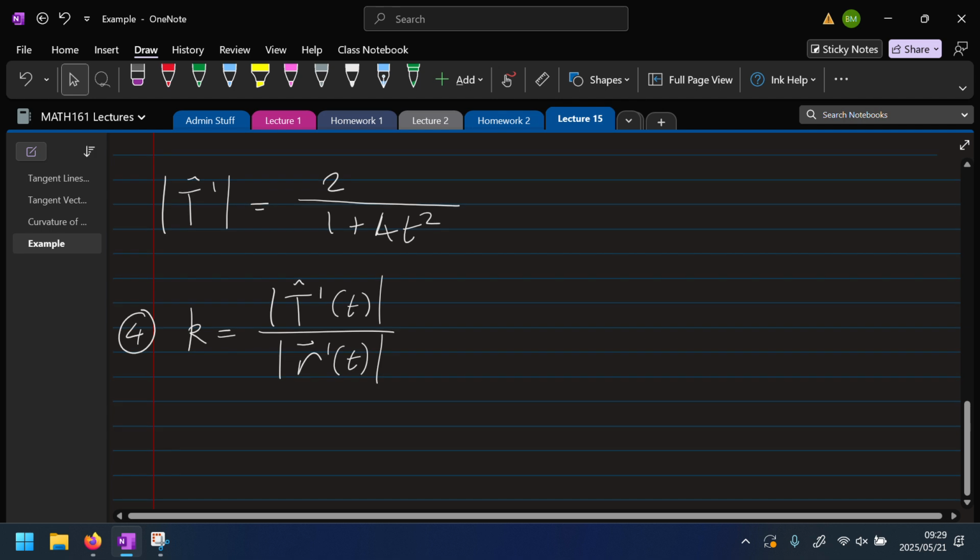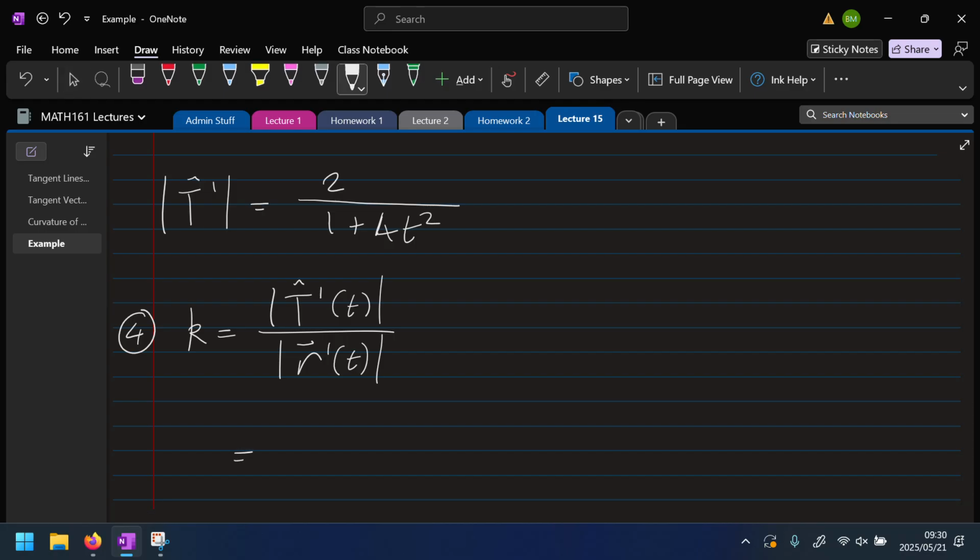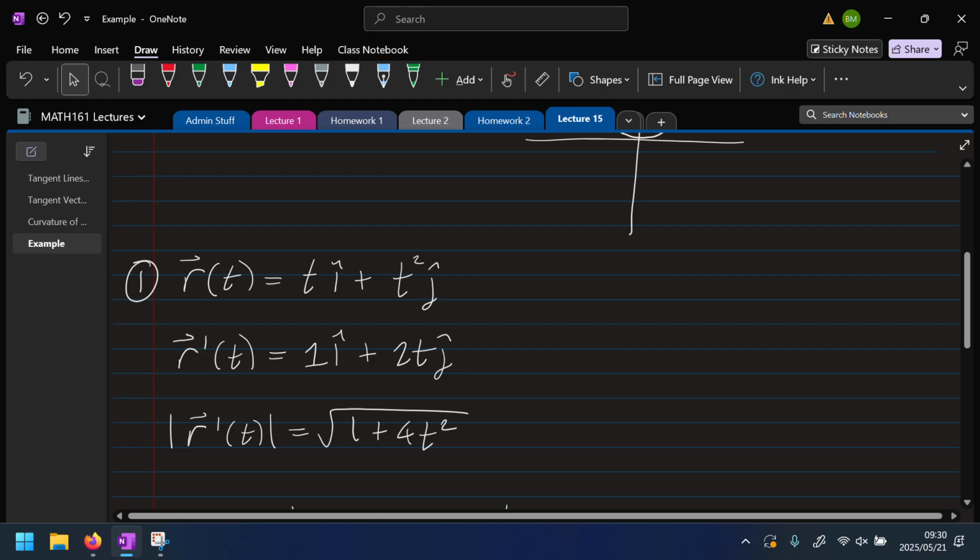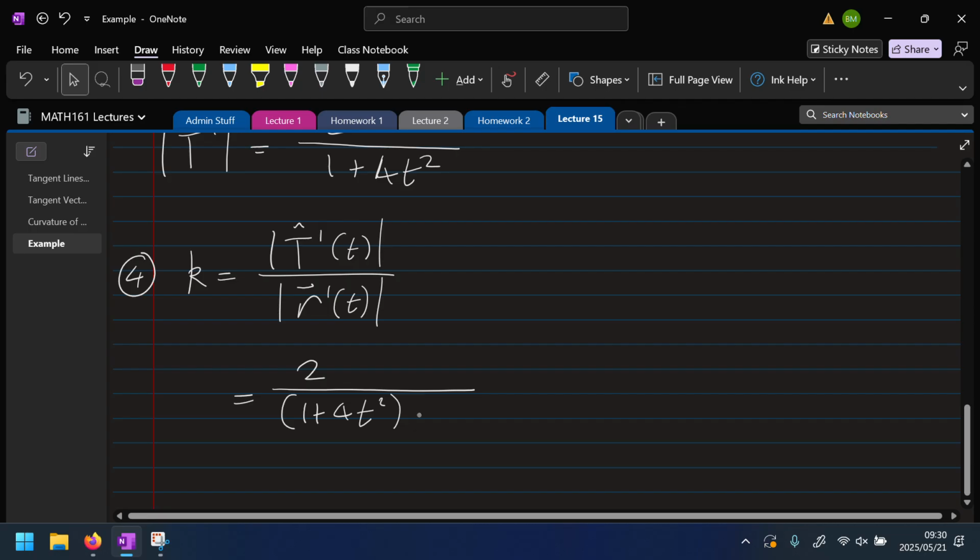So we're going to take this last part and then divide it by the speed from the first part. So this is going to be 2 over 1 plus 4t squared. And then we're dividing by the speed here that we found in the first part. So that's root 1 plus 4t squared.